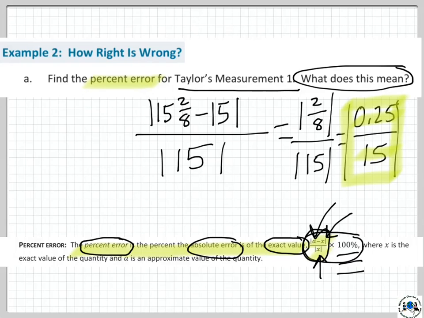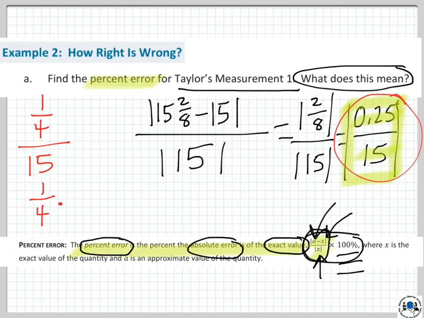In lieu of that, if you really want to get some practice doing this freehand, without a calculator, this also could look like this: 1/4. We can make a complex fraction out of this, divided by 15, which we know is actually 1/4 times the multiplicative inverse of 15, which is 1 over 15.